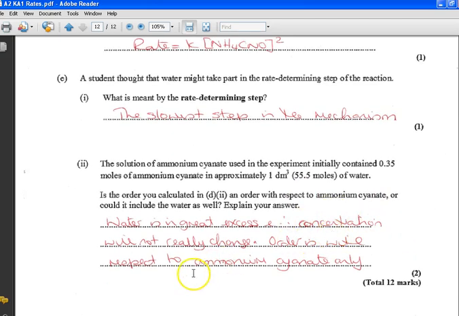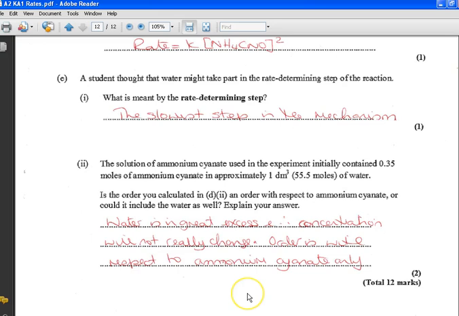And then this last question, which comes up commonly. There's a lot of water involved, so should it be involved in the rate equation or the order? But obviously not, because there is so massively much more water than there is ammonium cyanate. You've got 0.35 moles of ammonium cyanate, 55.5 moles of water.